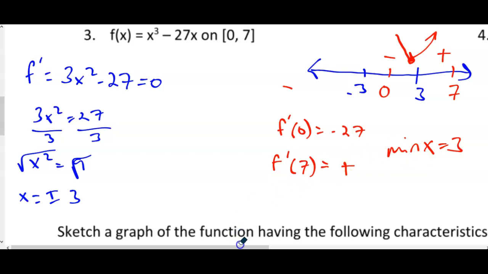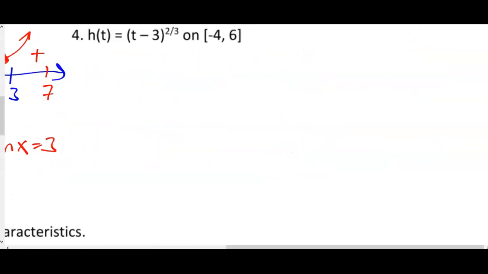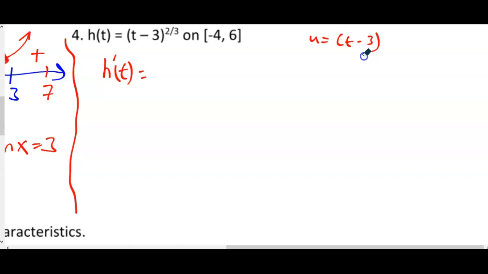Now let's do number 4. All right, let's see here, h prime. So I'm going to use u substitution. I'm going to let the inside u equal t minus 3. So f of u equals u to the 2/3.